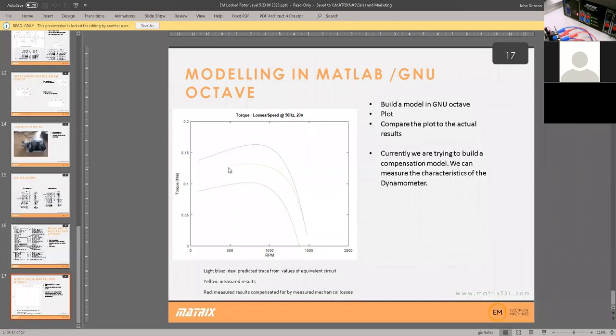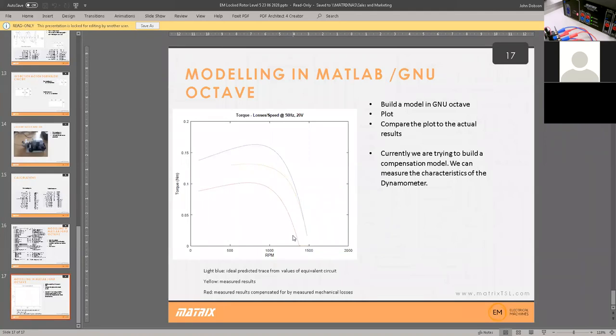And currently what we're trying to do is build a model of those losses. And the third line there is we've had a quick go at modeling the losses and then taking them into account. Clearly we've not got it quite right because that should be bang on the yellow line. So for some reason we've got too many losses in there at the moment.